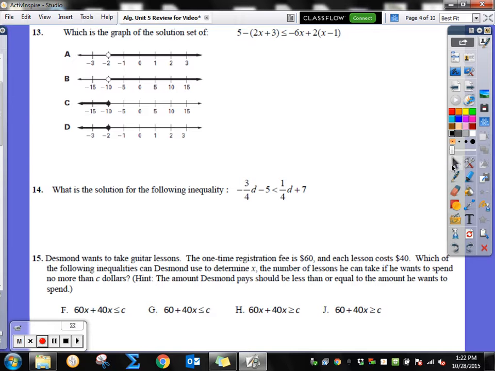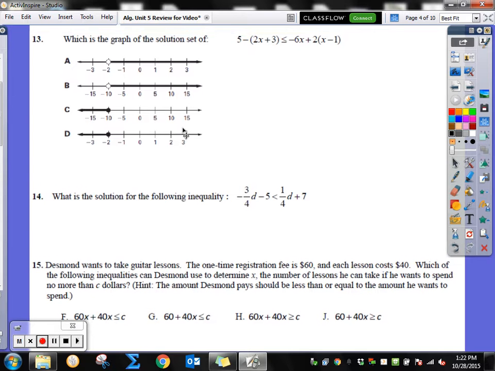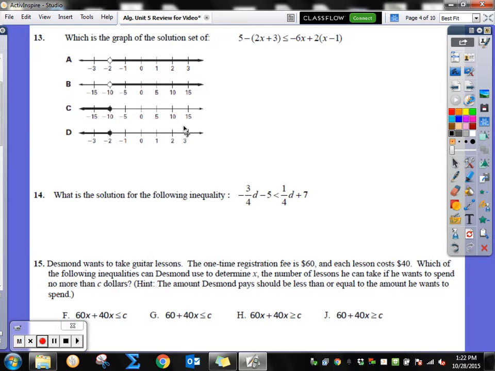So the first thing I notice is on this one, please be careful because this is just a minus or a negative that is supposed to be distributed. Nothing's going to happen with that 5 yet.